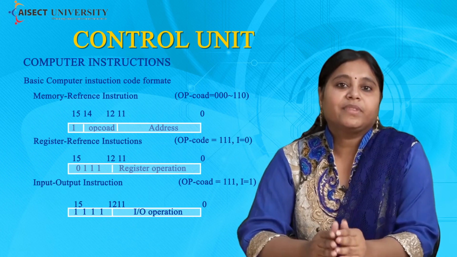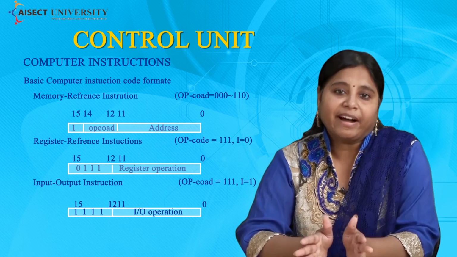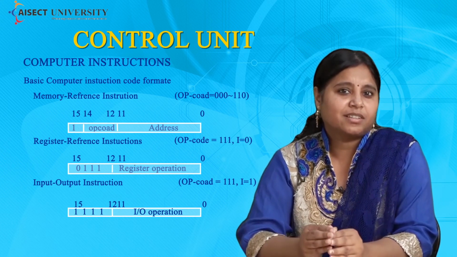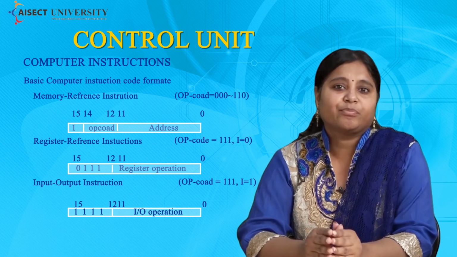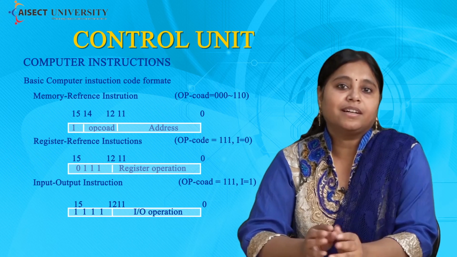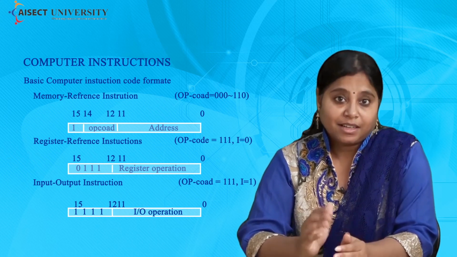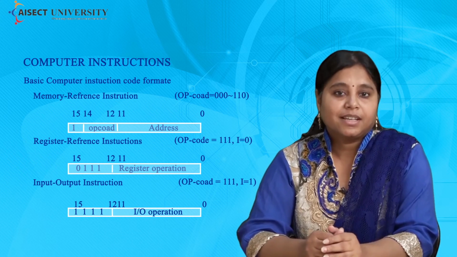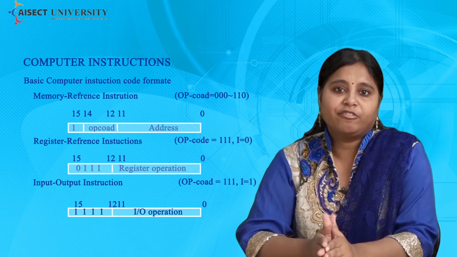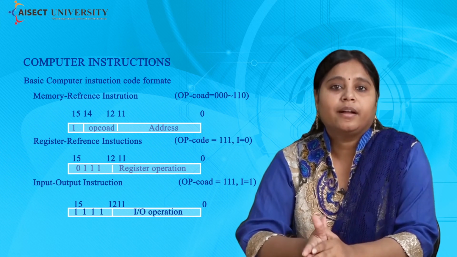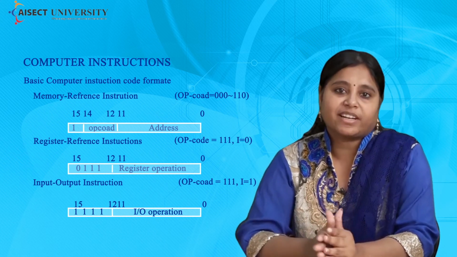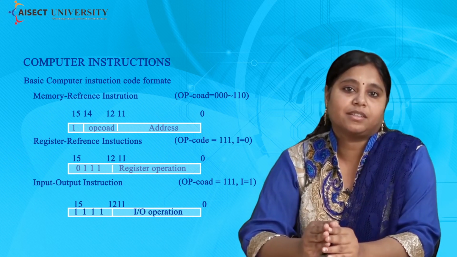Basically the computer instructions are divided into 3 types: memory reference instructions, register reference instructions, and input output instructions. Here I have shown the entire formats of the instructions. Suppose you decode bits 12 to 14 using the decoder. If the value is from 0 to 6 and the last bit is 0, those are memory reference instructions.